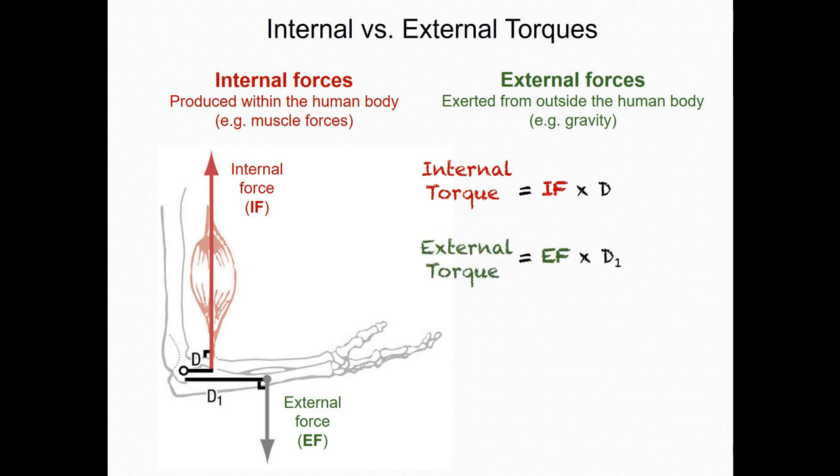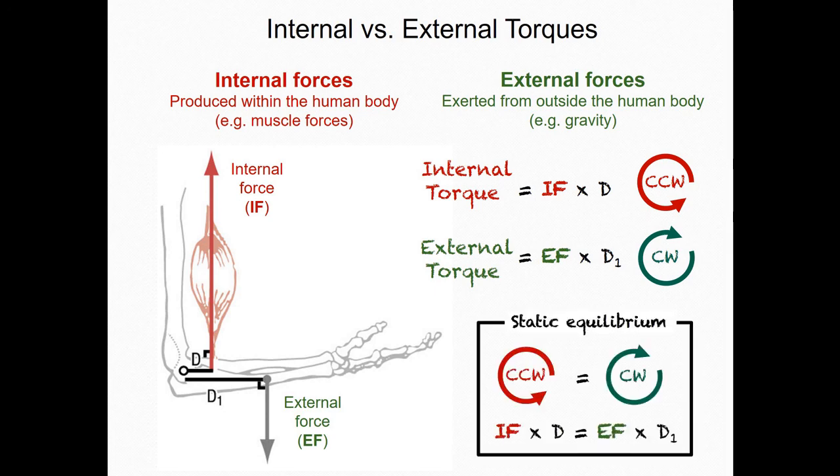The external torque is equal to the external force multiplied by the length of moment arm d1. Notice that the internal and external torques have opposing directions. The internal torque is acting to pull the forearm in a counterclockwise rotation. The external torque is acting to pull the forearm in a clockwise rotation.